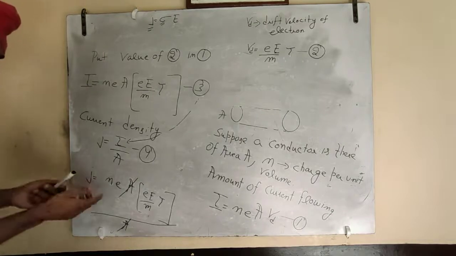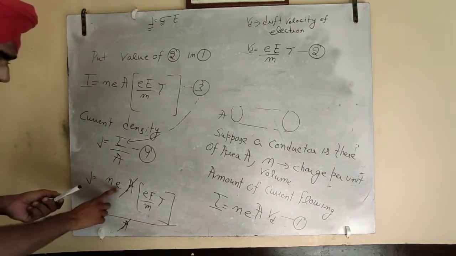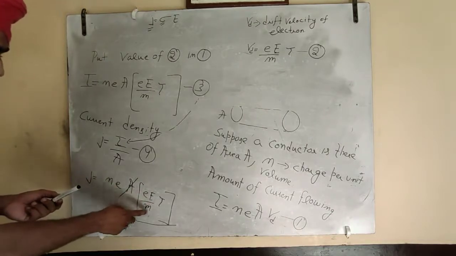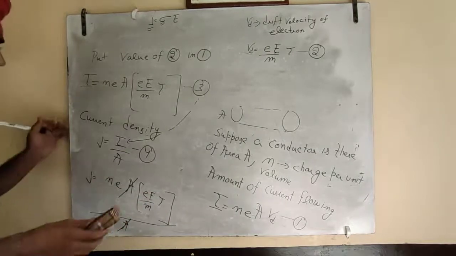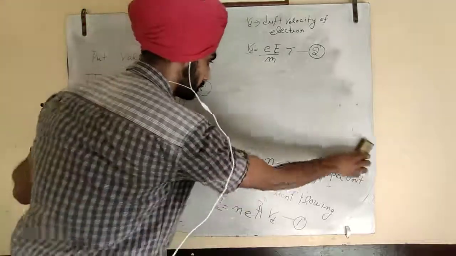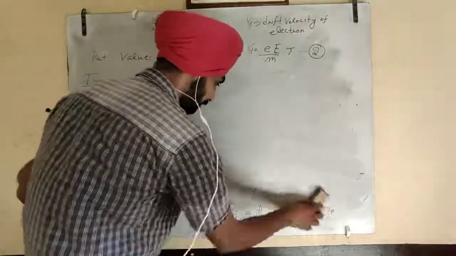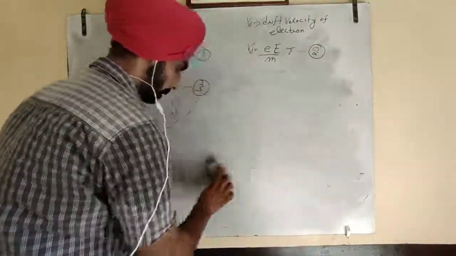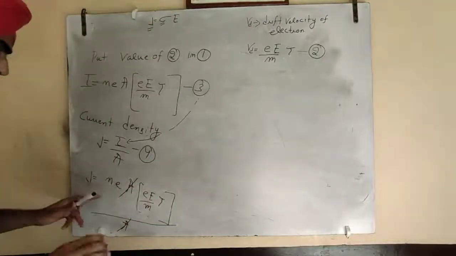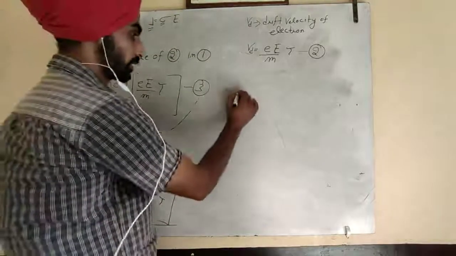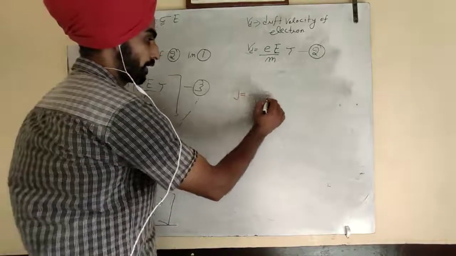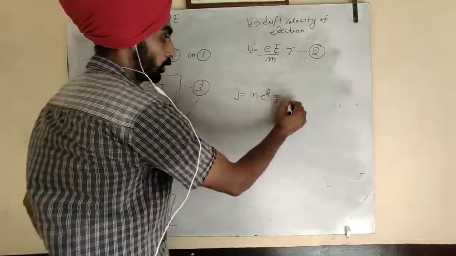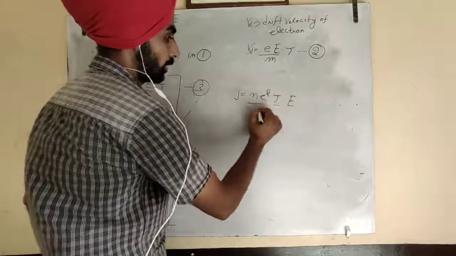So what will happen? J = ne squared tau E upon m.